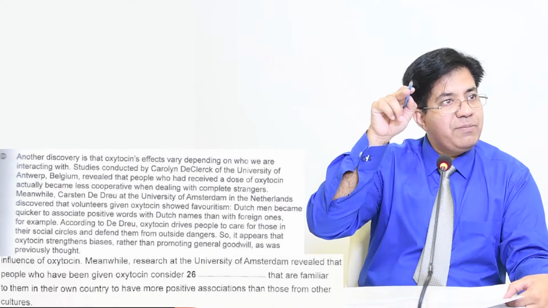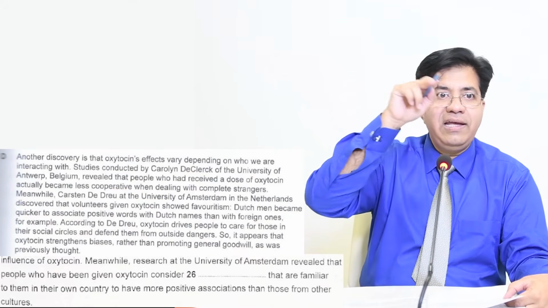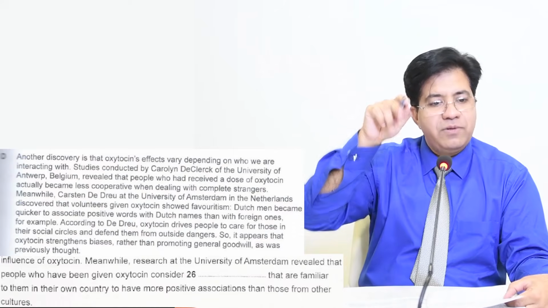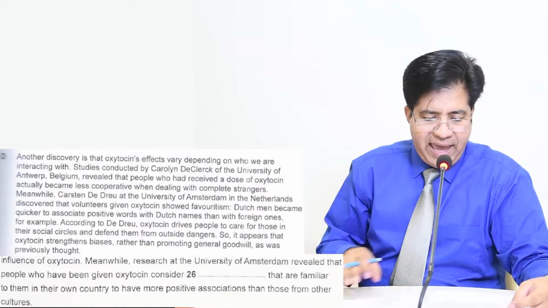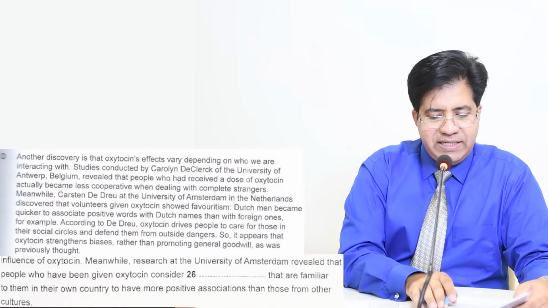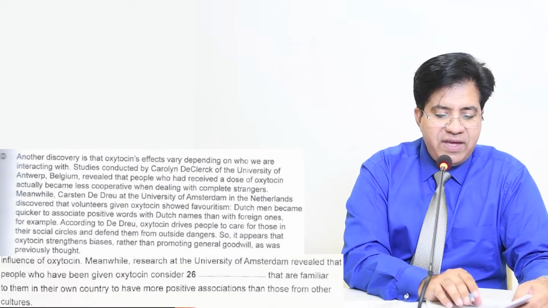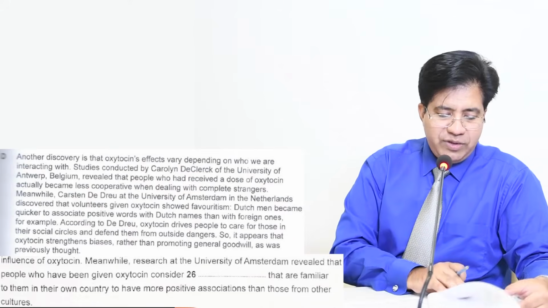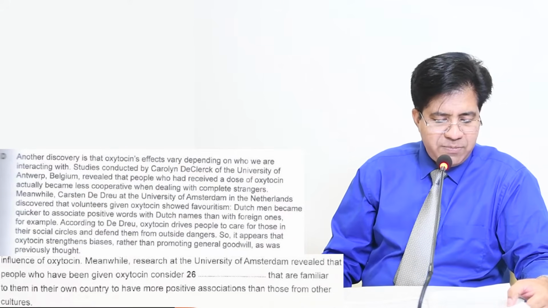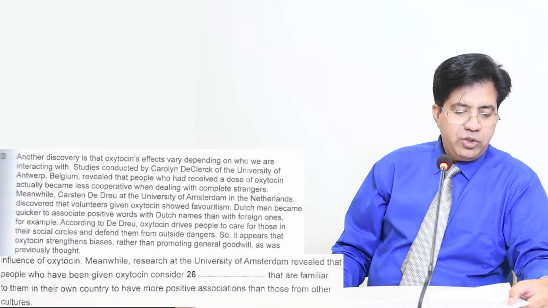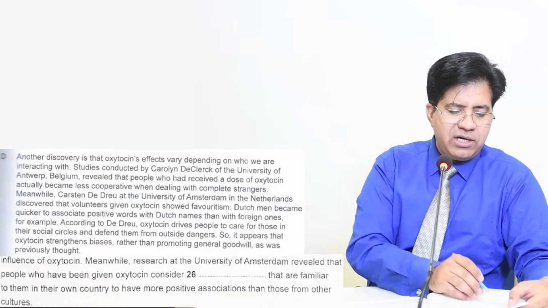English people, English names, right? So please go back and read it again. They say Dutchmen became quicker to associate positive words with Dutch names. So Dutch names are actually the names which are familiar to them in their own country. They've mentioned in their own country to have more positive association. So the answer is names, right? We are doing part 2. Part 3 will start soon.